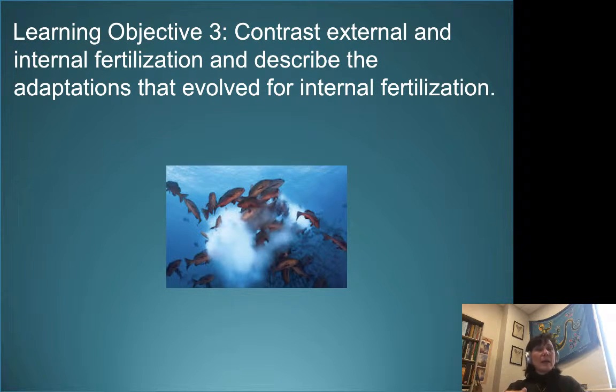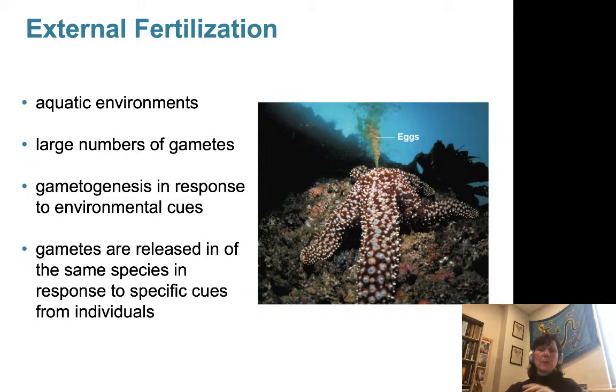So before we talk about that, let's first compare and contrast external and internal fertilization. Both occur within the animal kingdom. External fertilization normally happens in an aquatic environment, and it can be freshwater or marine. What's happening is you have organisms that are broadcast spawning. So they're releasing their eggs and their sperm simultaneously into the water column.